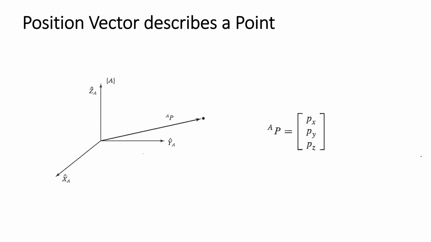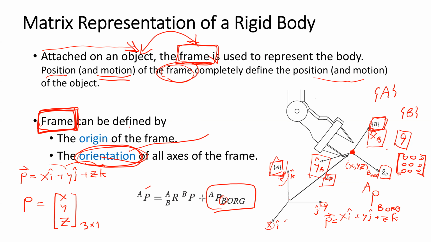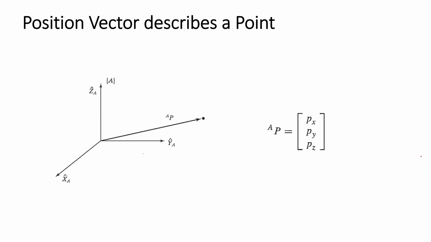Again, the position vector is simple, right? The position of this point with respect to the frame A is, yeah, it's not easy to draw, but I will try. It should be something like this.